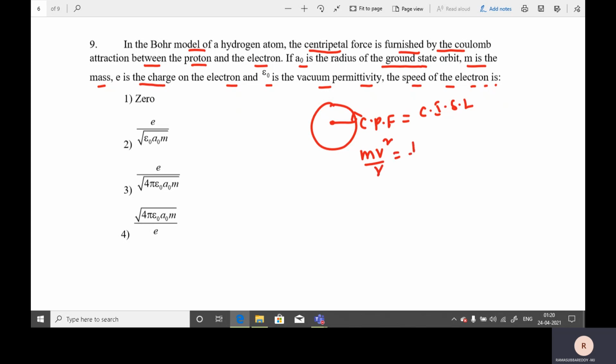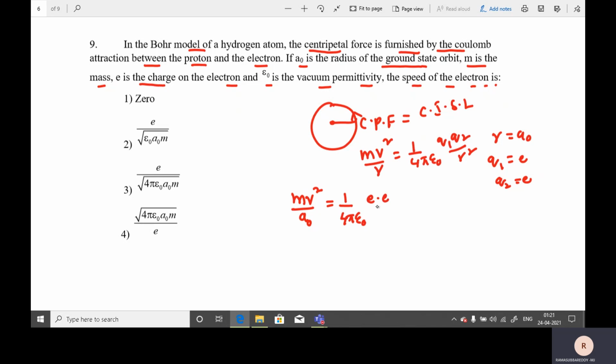Generally, Coulomb's inverse square law is 1 by 4 pi epsilon naught q1 q2 by r square. But here our r is a naught and q1 is e and q2 is e, since the charges of proton and electron are the same. Then this equation becomes mv square by a naught is equal to 1 by 4 pi epsilon naught e into e by a naught square. Then one a naught gets cancelled.